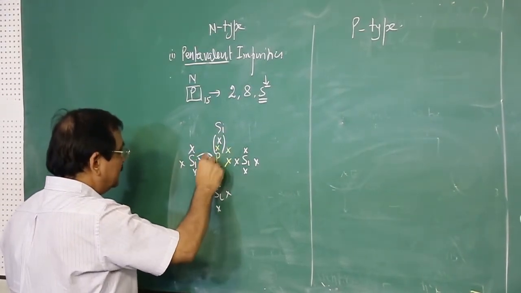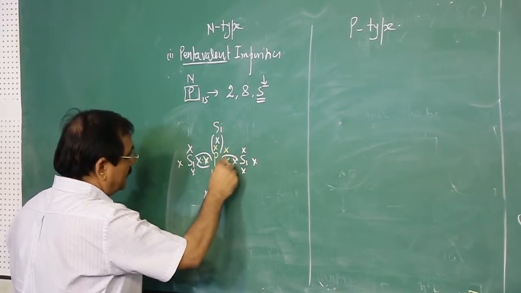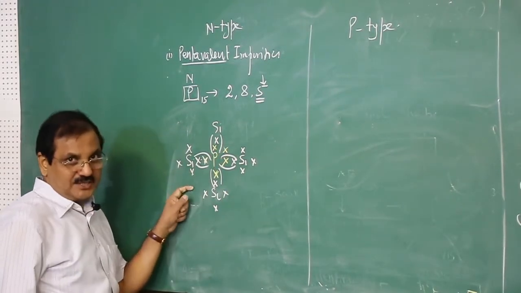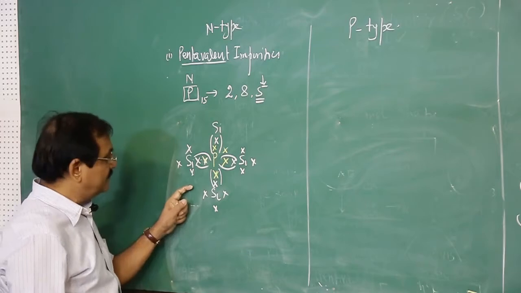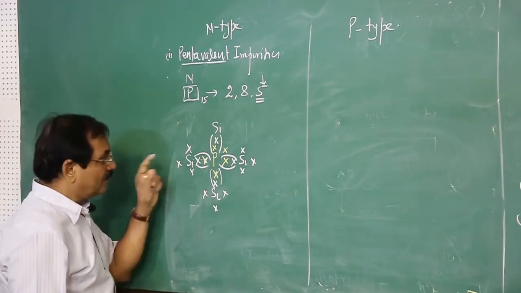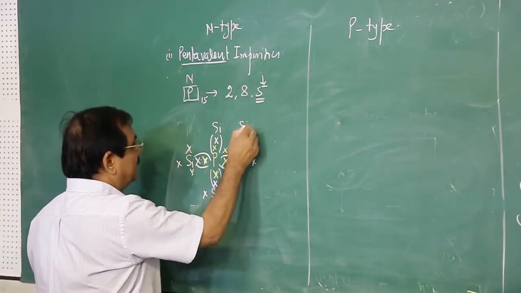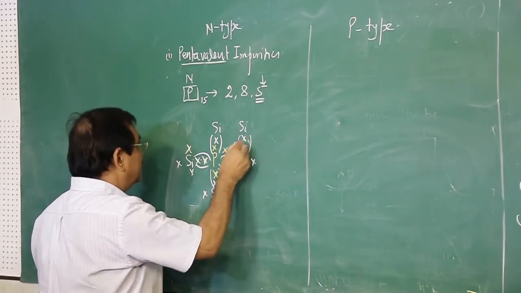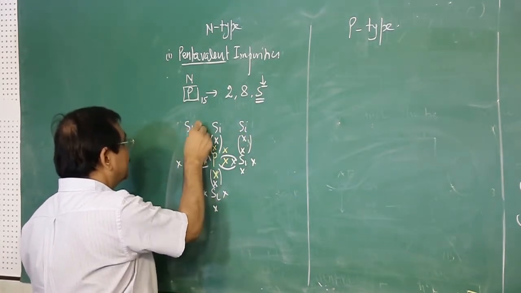So, these 4 bonds contribute to stability by the octet rule, and the rest of the silicon crystal is something like this.